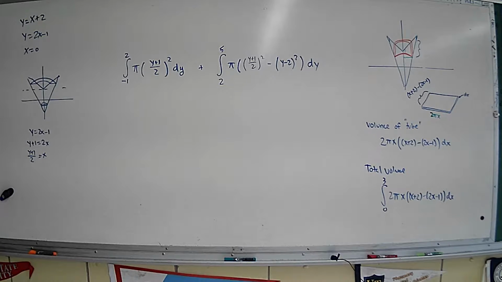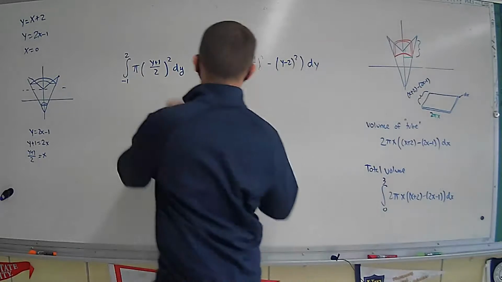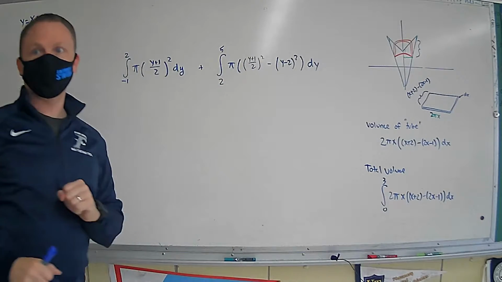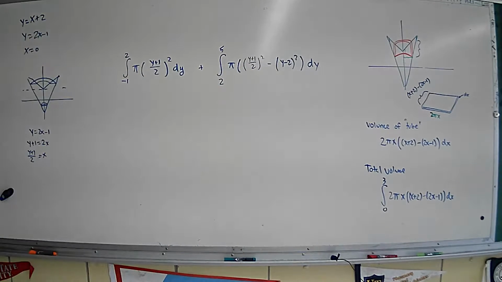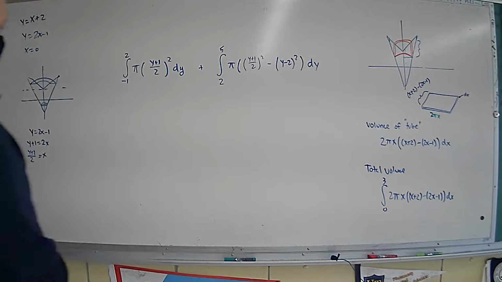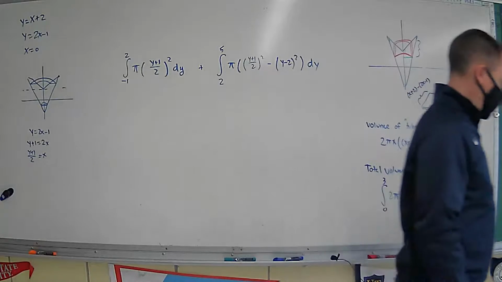That was not horrible. If you computed this integral and got a number, and you computed these two integrals and got a number, it's going to be the same number, provided you added those two together. Two different ways of doing the same problem. Questions on those?